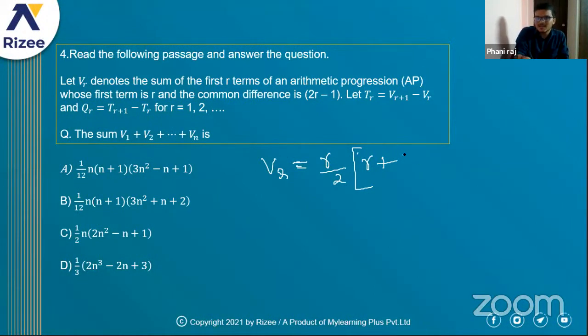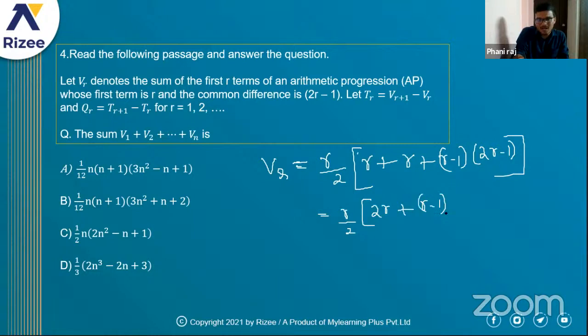The rth term will be a plus (r minus 1) into (r minus 1), which gives 2r minus 1. So V_r is r by 2 into (2r plus (r minus 1)(2r minus 1)).